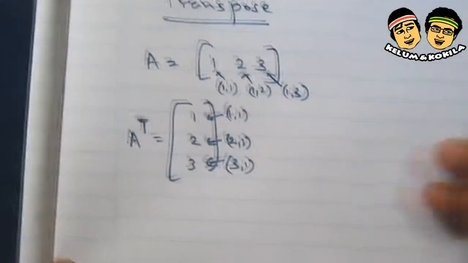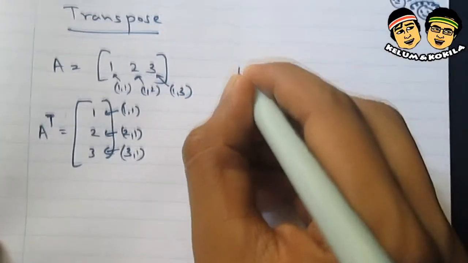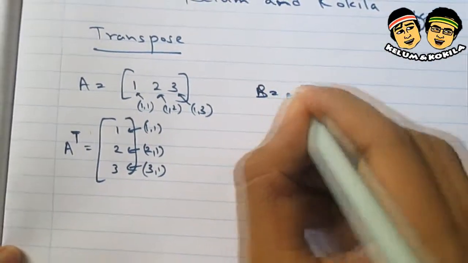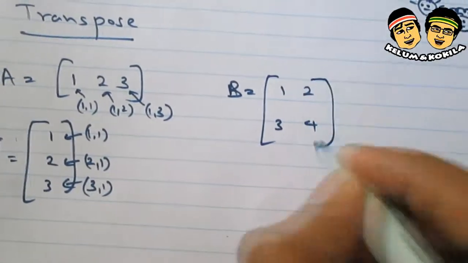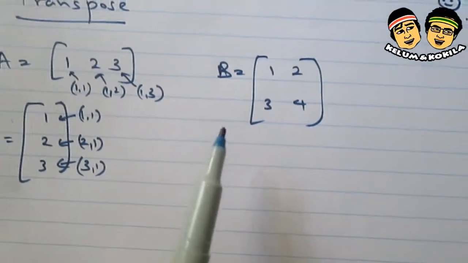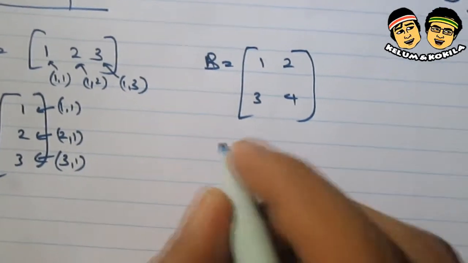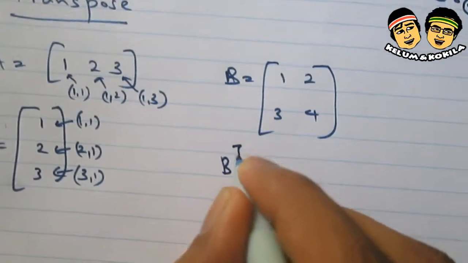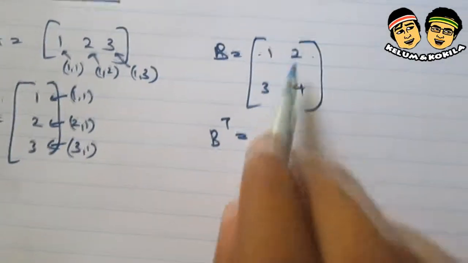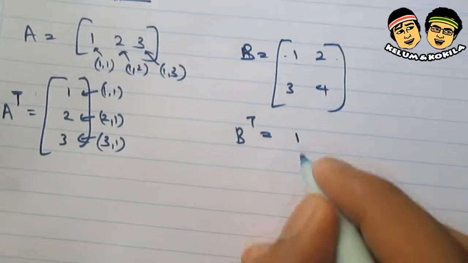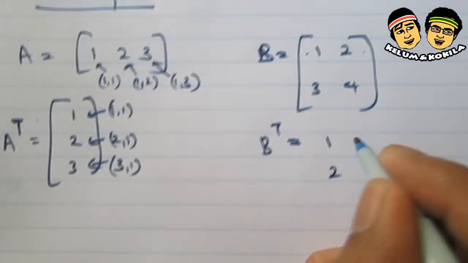And if we take another example, say B is equal to 1, 2, 3, 4. So this is a square matrix and the dimensions are 2 by 2. So the transpose, B to the power t, will be: this row will become a column, so 1, 2, and this row will become a column as well.